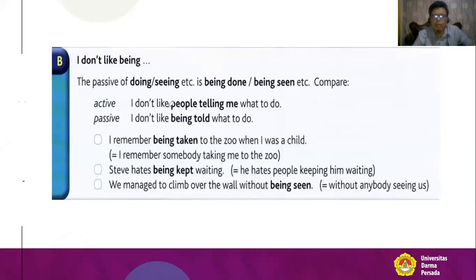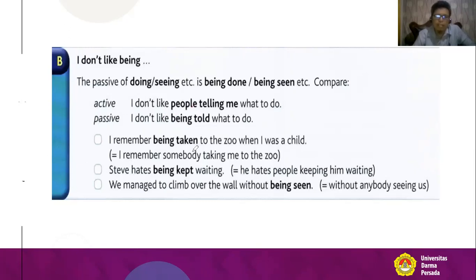This is active: I don't like people telling me what to do. And then in passive, we say, I don't like being told what to do. So we have being and then told. Okay, being.